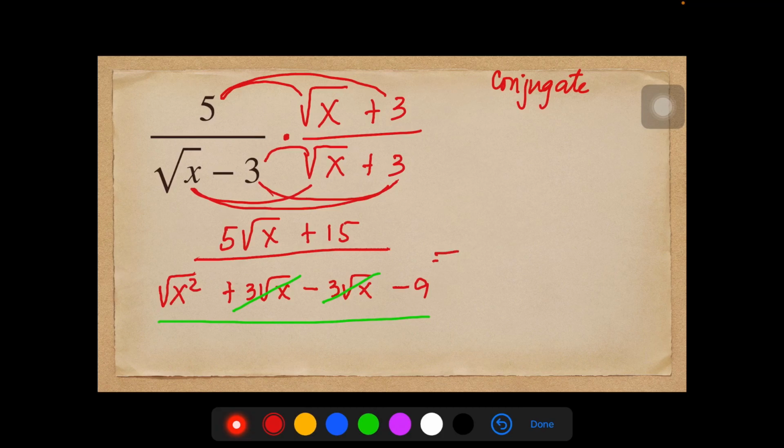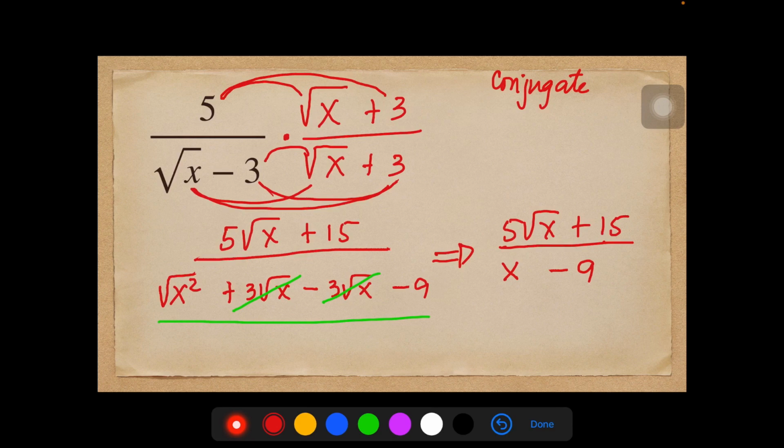That's why it can be rewritten as 5 square root of x plus 15. Take note, you cannot combine 5 and 15 here. Over x minus 9. All right, so that is already the answer.